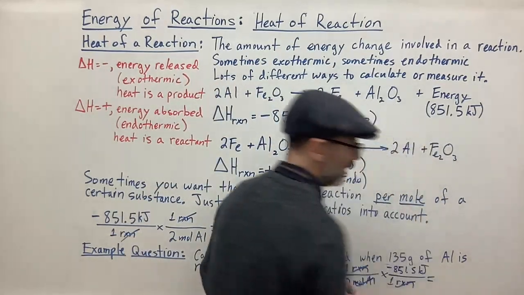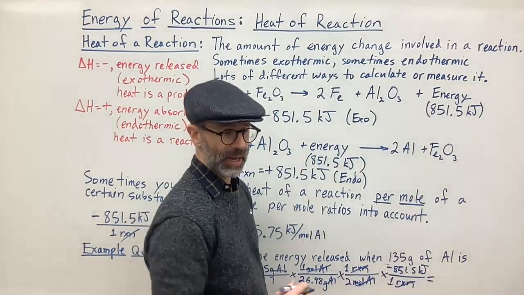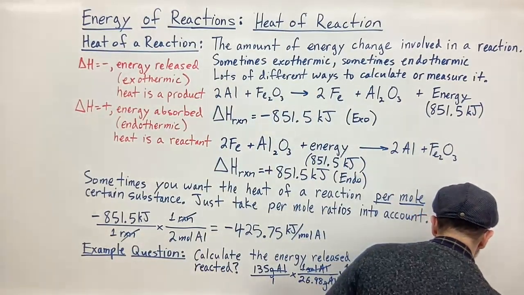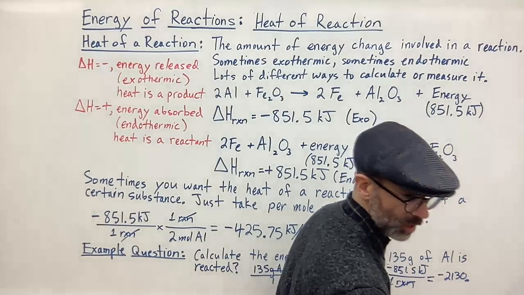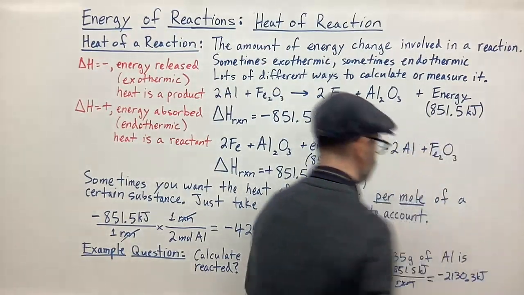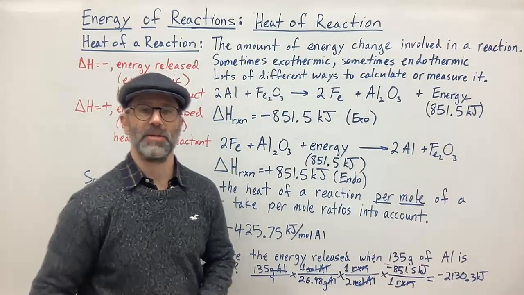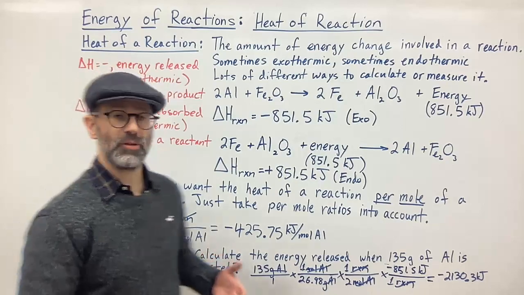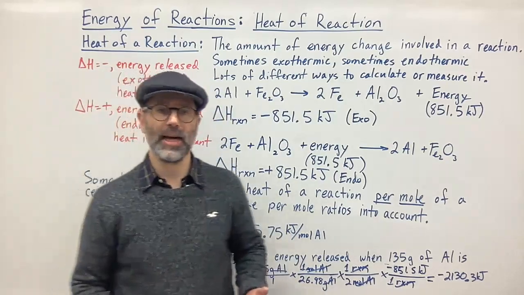And if I calculate it again, I once again get the same answer, which is negative 2130.3 kilojoules of energy. So either way works. So I hope this was helpful. This is heats of reaction.